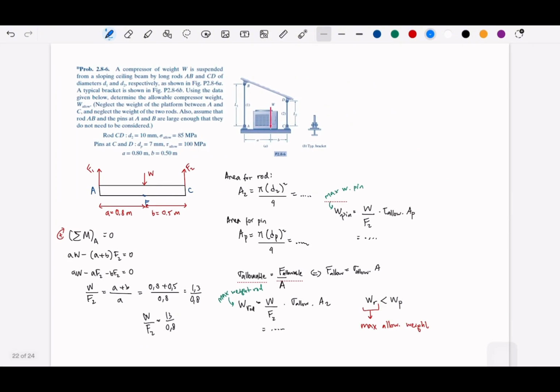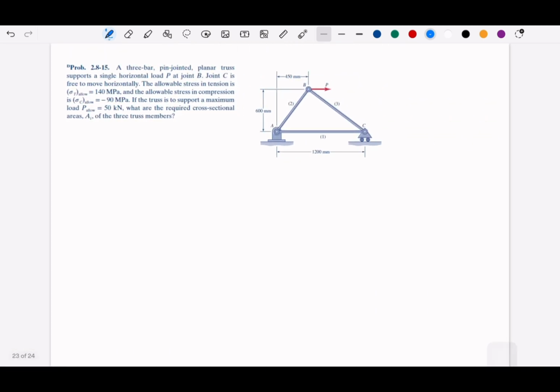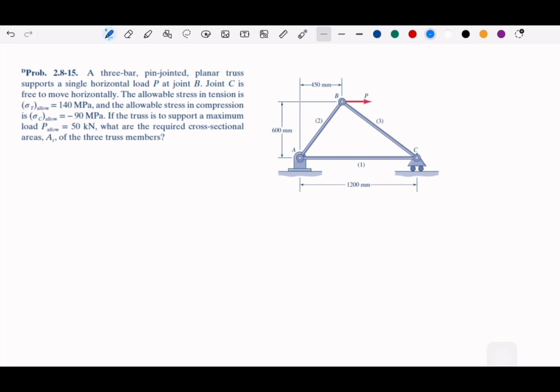Okay, this one we have done. Okay, let's check this one. Okay, it is still in the design, allowable stress. I think similar questions.